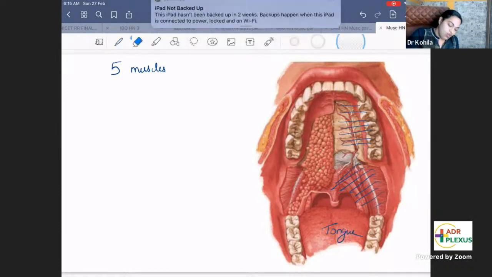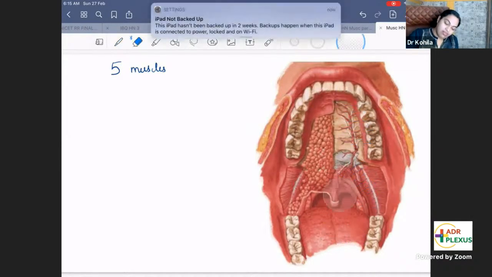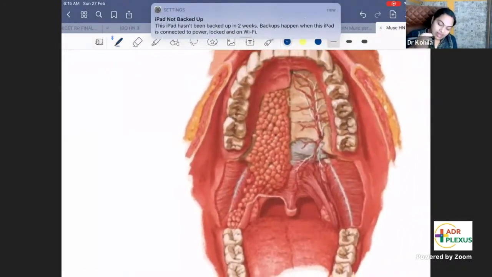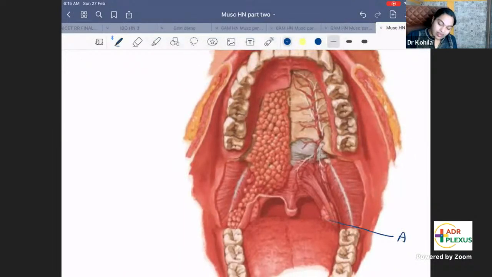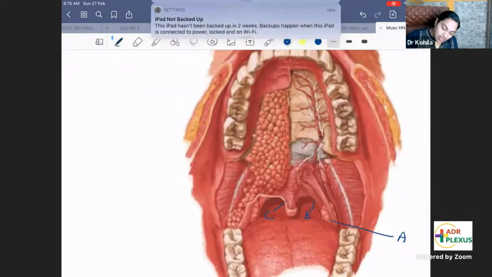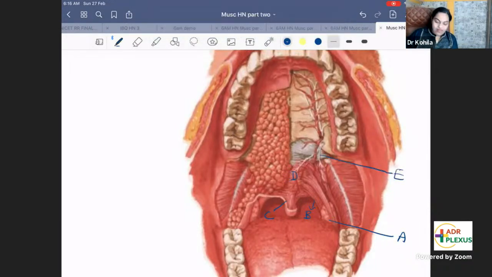Now you're going to identify the same here. I'll label it and you're going to tell me what is A, what is B, what is C, and then here, what is D, what is E? Can you answer me?